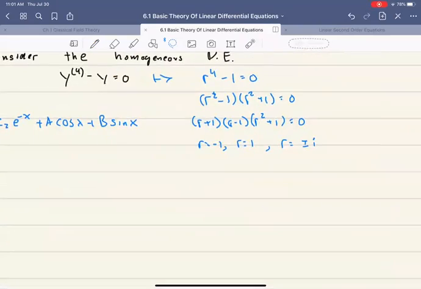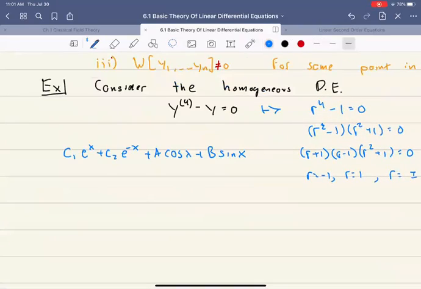Okay, so we're going to check the Wronskian for e to the x, e to the negative x, cosine x, sine of x.